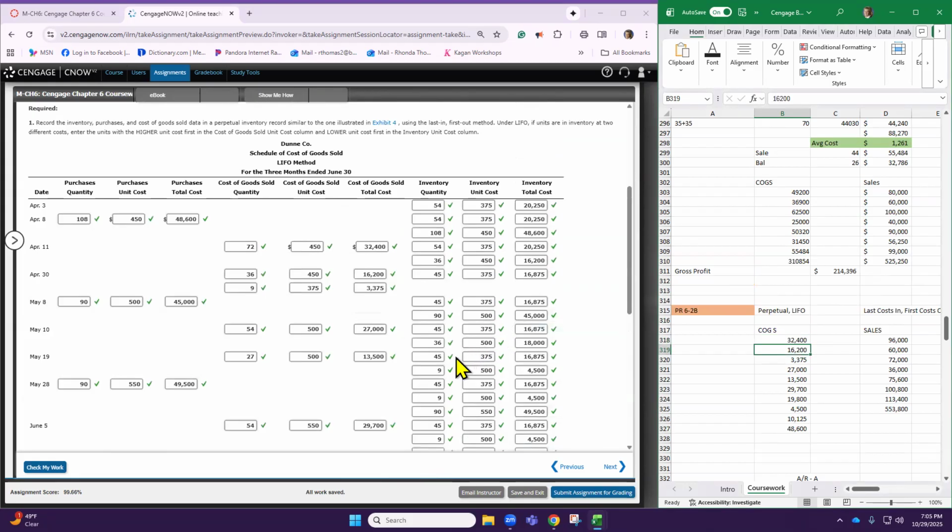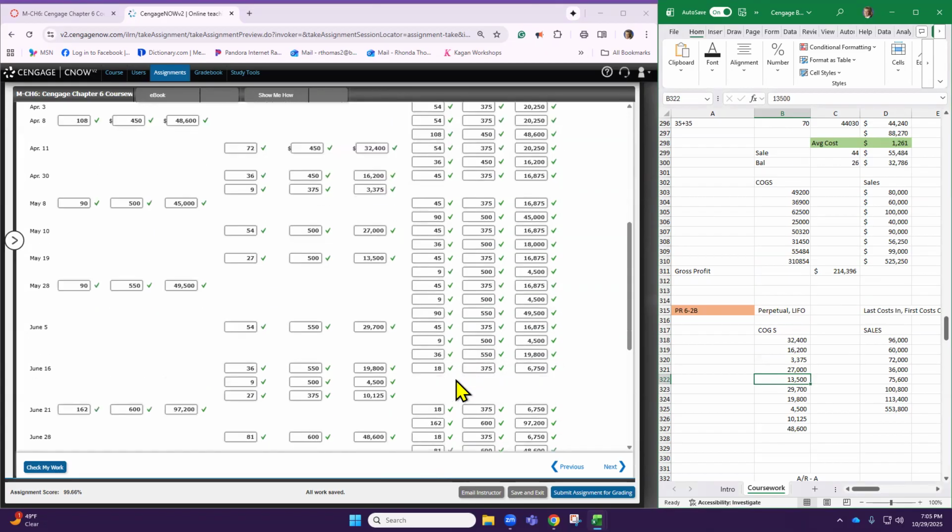Let's try it again. That's why it's nice to have it already here. 32,400, 16,200, 3,375, 27,000, 13,500, 29,700, 19,800, 4,500, 10,125, 48,600. I must have not had them all in the formula.